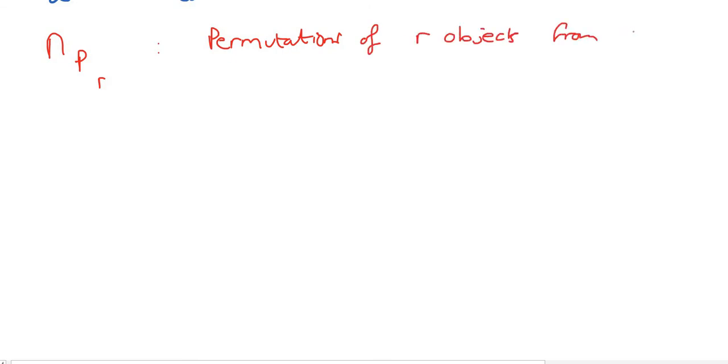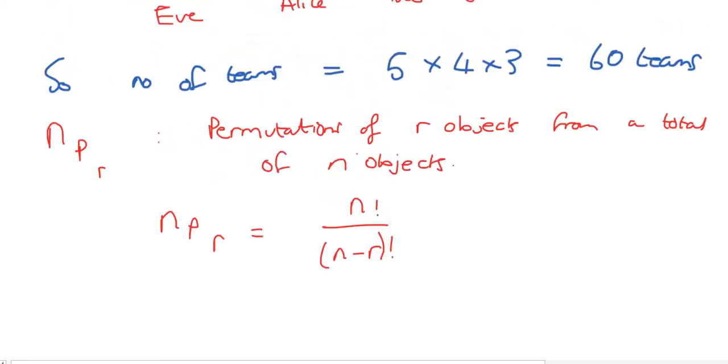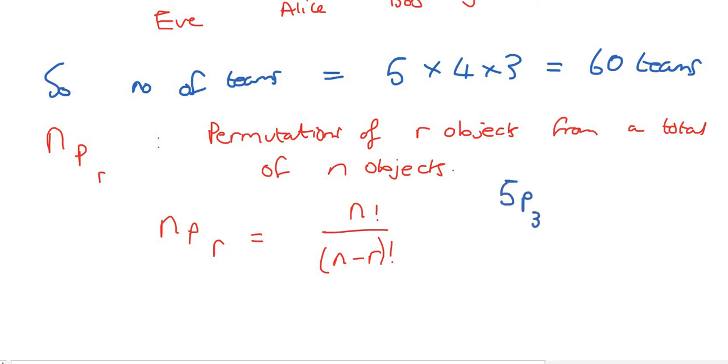Okay, so let's generalize this. We have 2 formulas. We have one which is nPr, and this is permutations of r objects from a total of n. And the formula is like this: nPr equals n factorial divided by n minus r factorial. You can see in the case above, we were choosing 3 people from a group of 5, and what we did was 5 times 4 times 3.